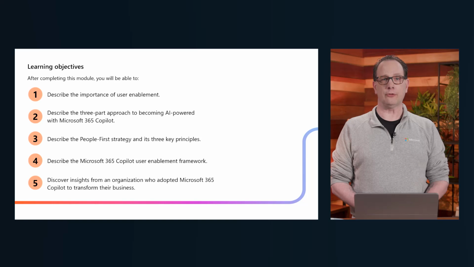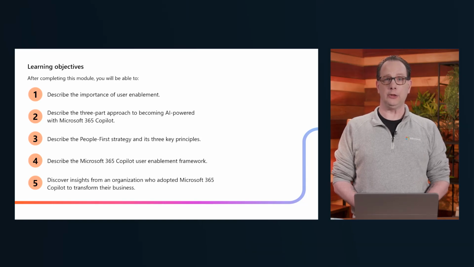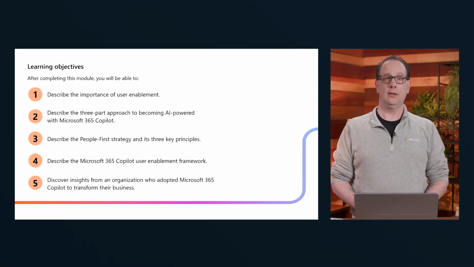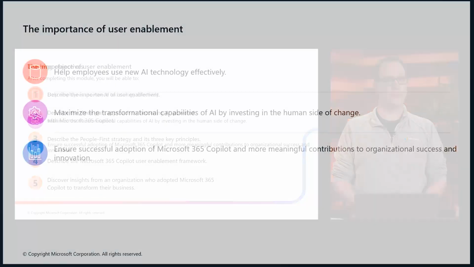You'll gain an overview of the Microsoft 365 Copilot User Enablement Framework. In the last part of this module, you'll learn how Bayer, a global leader in life sciences, has really benefited from adopting Microsoft 365 Copilot to empower its employees and foster innovation.